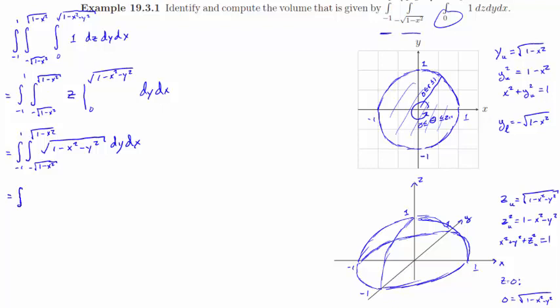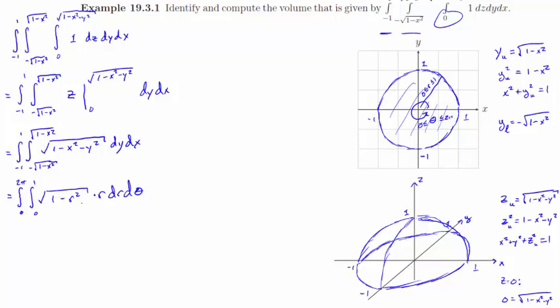So 0 to 2 pi in the theta direction, the integral from 0 to 1 in the r direction, and we'll do the square root of 1 minus r squared, because negative x squared minus y squared is minus r squared. And then this is times r dr d theta.